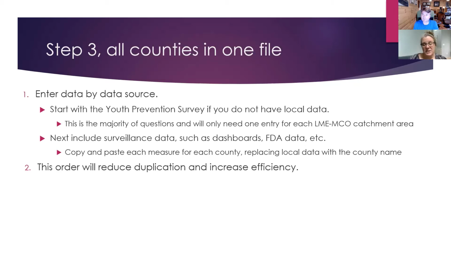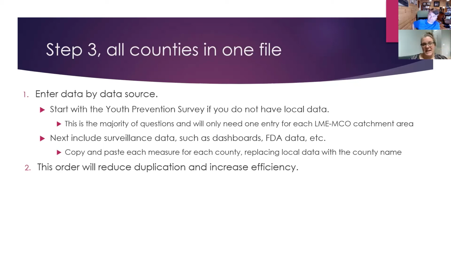Those are your county-level measures. You're going to copy the set of measures, and we'll show you this on the next slide, adding additional sets for every county that you're going to include. This approach will reduce how many things you have to do for every county and hopefully increase the efficiency with which you do it.